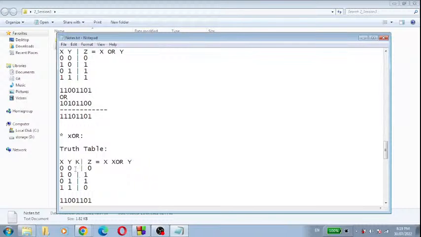Let's try this here. For simplicity, I'm not going to fill all the elements of the truth table, but I'm going to say something like you have here 0 and 1 here and 1 here, then 1 here also.